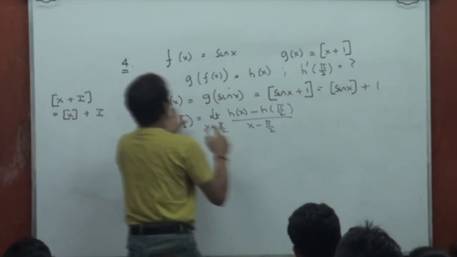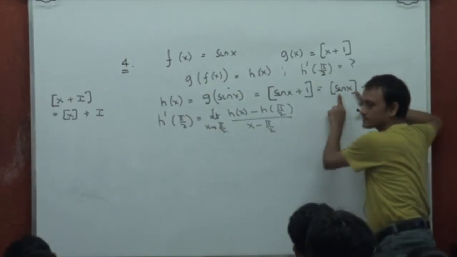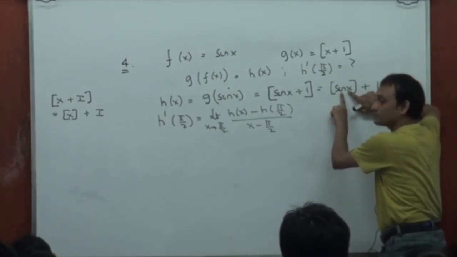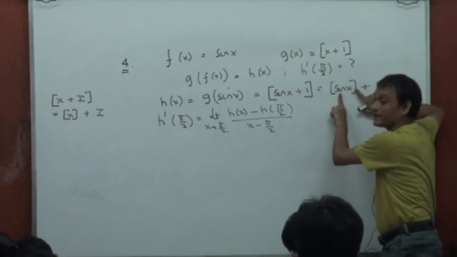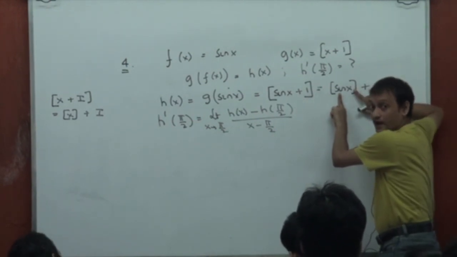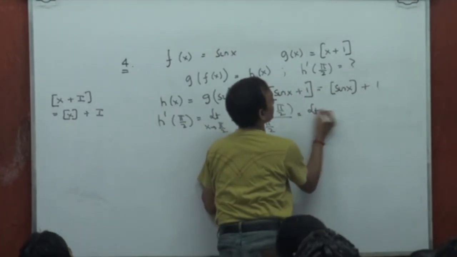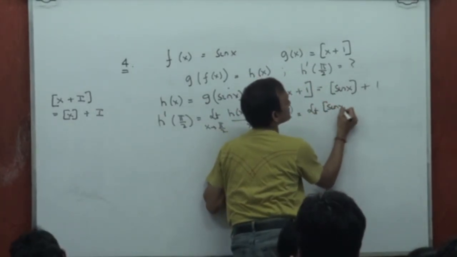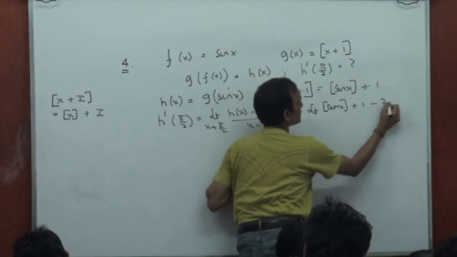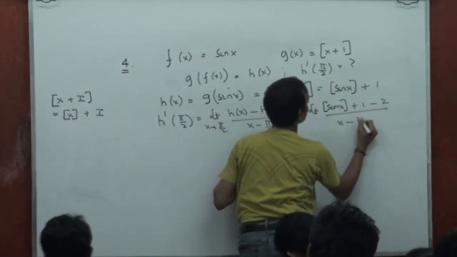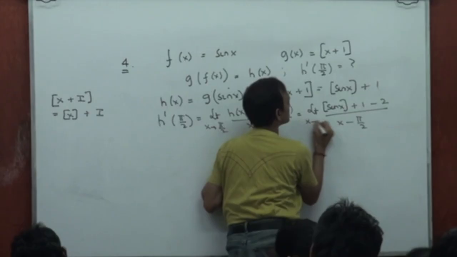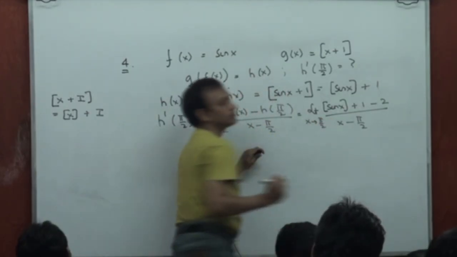But what's h of pi by 2? h of pi by 2 is 2 because box 1 plus 1. So h of pi by 2 is 2. Yes or no? So this is like limit box sin x plus 1 minus 2 by x minus pi by 2 as x tends to pi by 2. Clear?